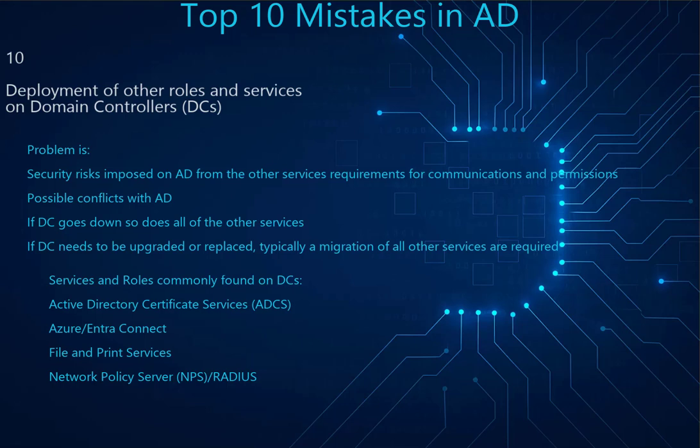You can't just upgrade a DC in place with this or migrate it. You have to migrate the services. Azure Connect or Entra Connect. File and print services. And when I say file services, we're actually having file shares and users storing files on a domain controller, DC. And Network Policy Server, NPS, or Radius.